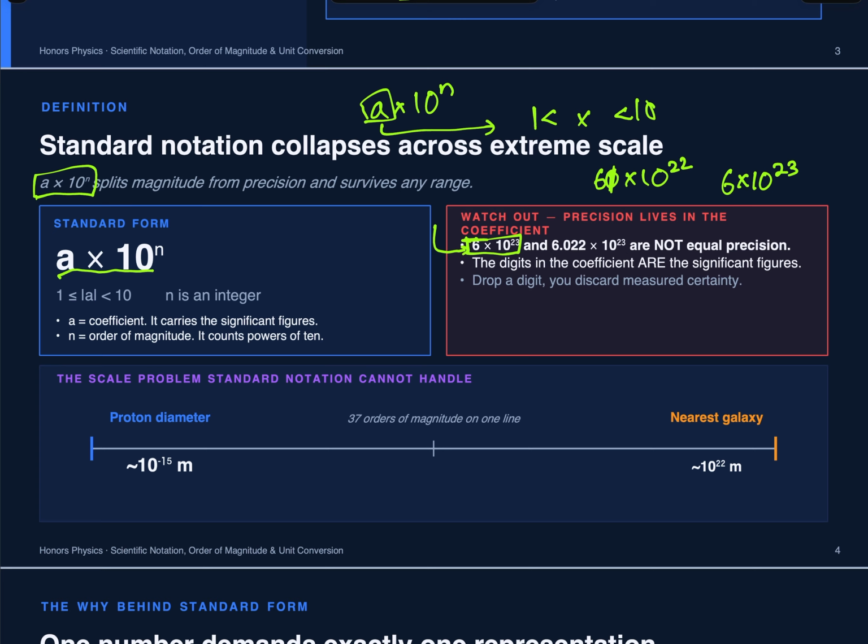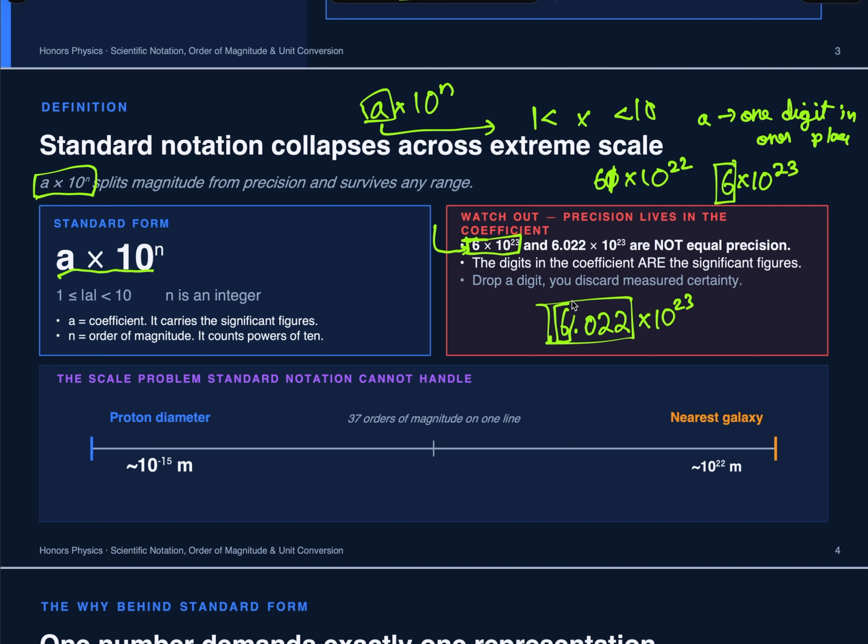So the rule for scientific notation is a always has to have one digit in the ones place, okay? Now I say that because it can have more than one digit, but that has to be after a decimal. So it could be 6.022 times 10 to the 23. This is still fine because this doesn't have more than one digit before the decimal, right?